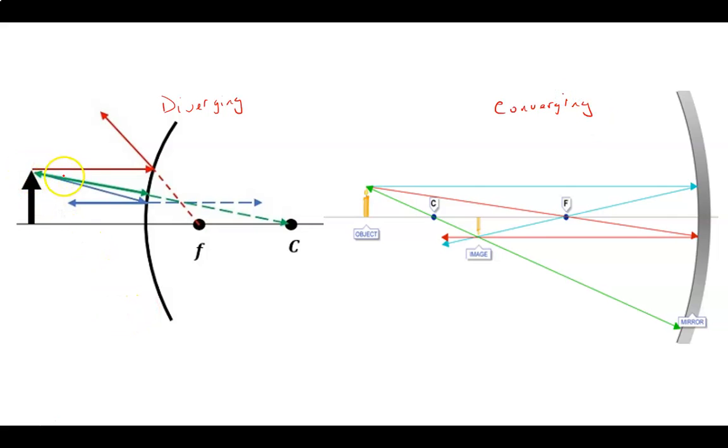Second one runs towards that focus and then parallel. If we were to extend this blue line here, we would see that it would run straight through the focus. The third one, straight through that center with no change in the angle.